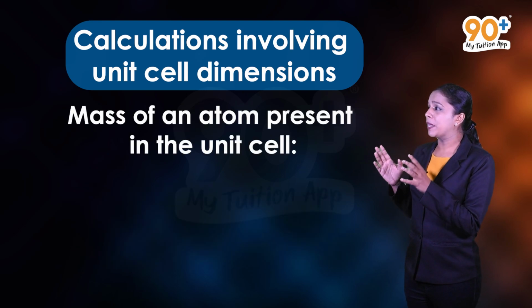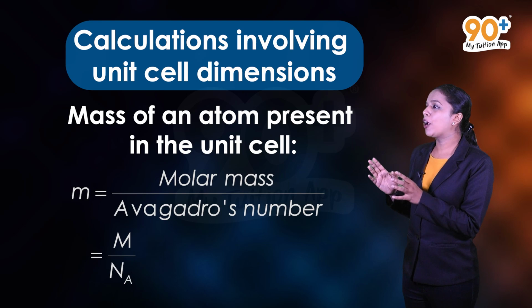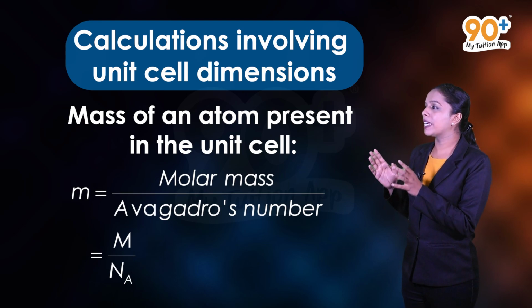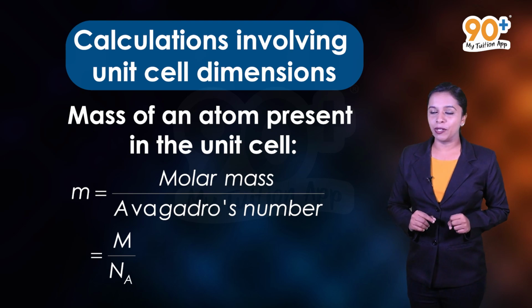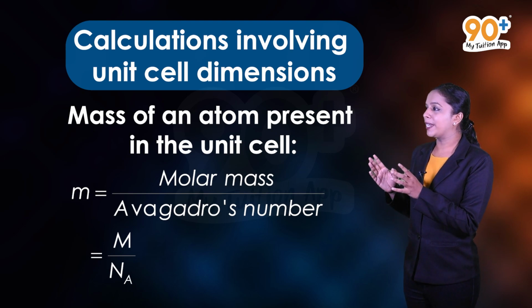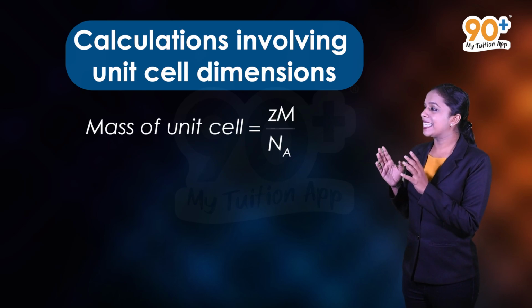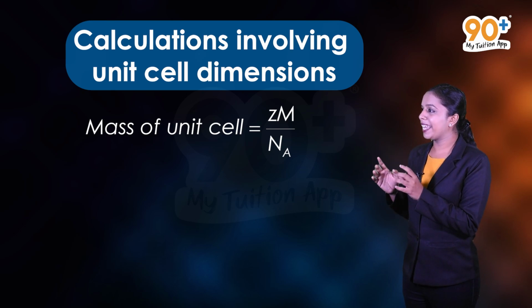The mass of an atom present in the unit cell, small m, is equal to molar mass divided by Avogadro's number, that is equal to capital M divided by Na. Mass of the unit cell is equal to Z into capital M divided by Na.